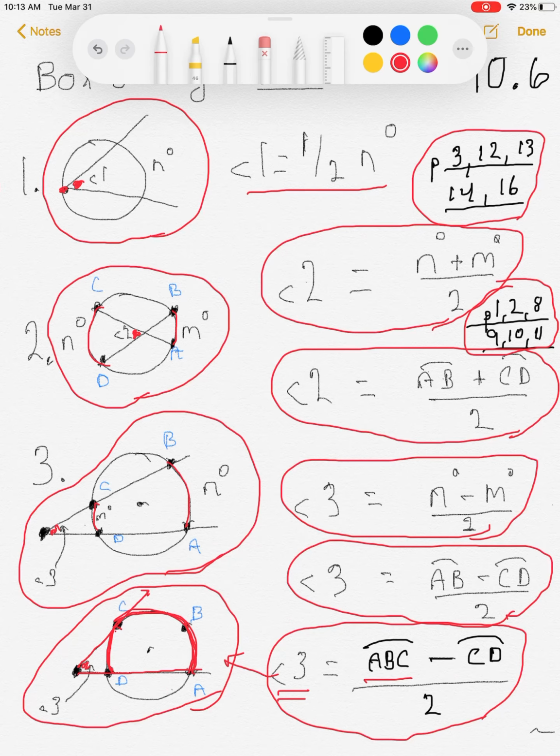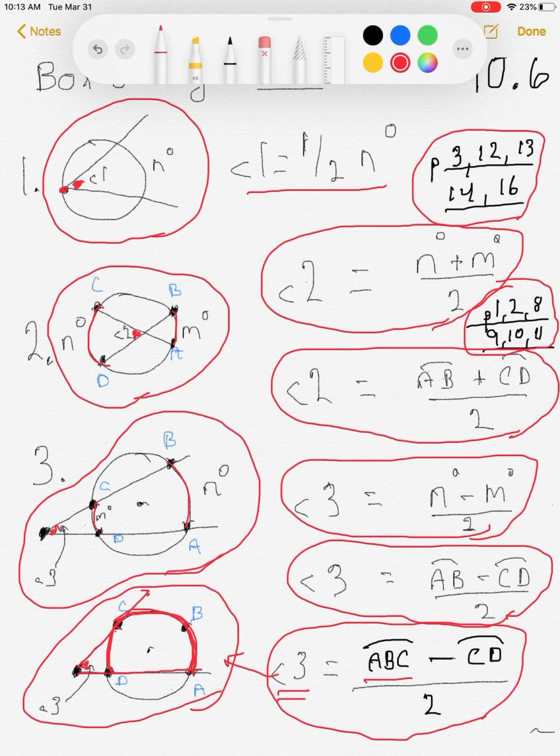Let's take a look, for example, at problem number 6. In this case, angle M, which is labeled as 36 degrees, is going to be arc LP minus arc LN. So if I was to set up an equation, I would do it this way.